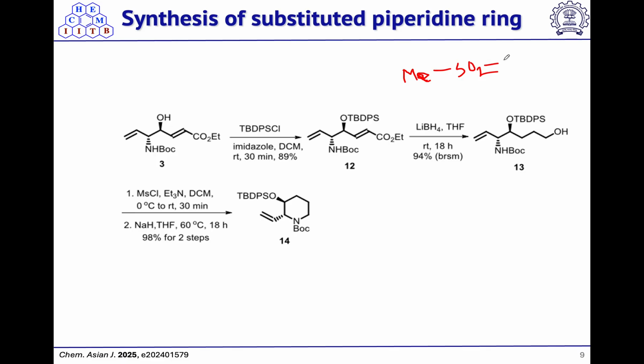So there is another free alcohol in compound 13. That will make an O-mesyl, meaning a leaving group. We are converting this alcohol to a leaving group. So first this OMs will form in the first step. Then in the second step, sodium hydride in THF. Sodium hydride is a base, right?